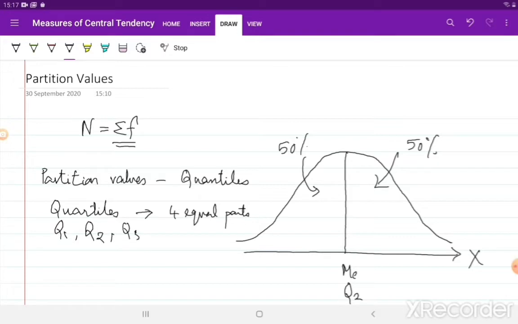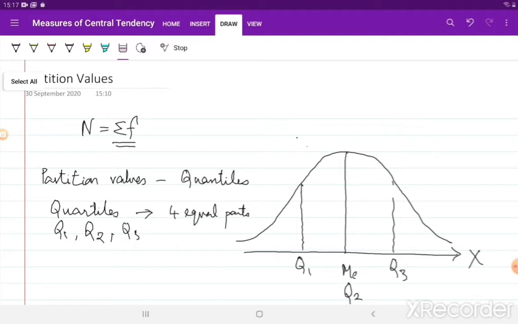These 3 values will divide the entire frequency distribution into 4 equal parts. So if you have Q1 over here, Q2, and this is probably your Q3.